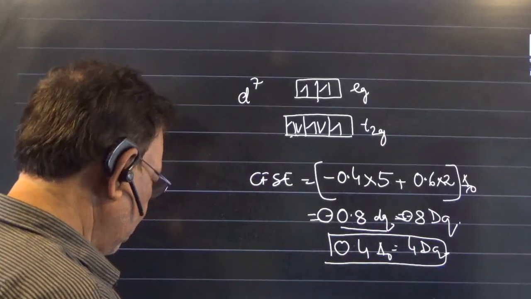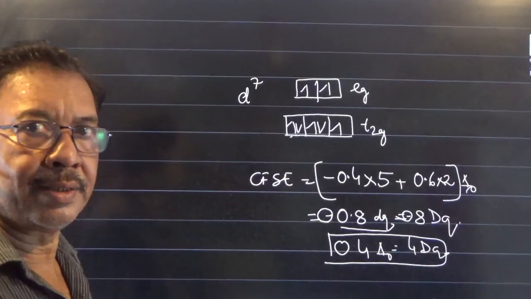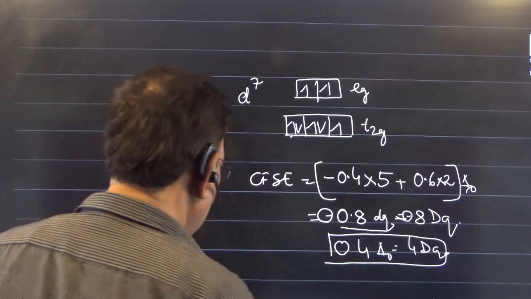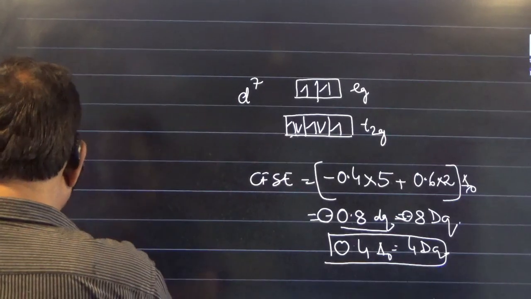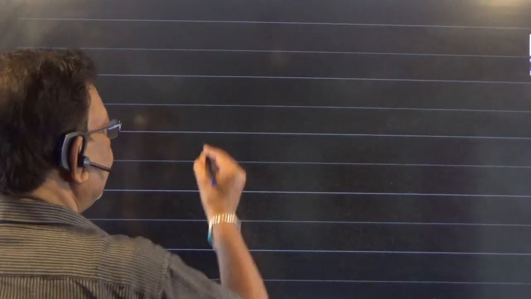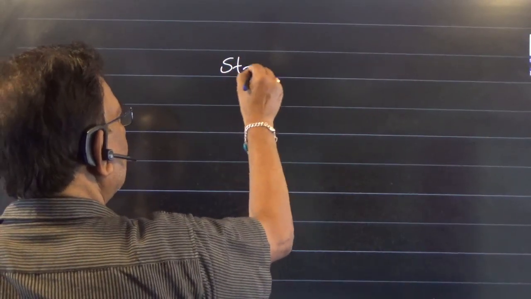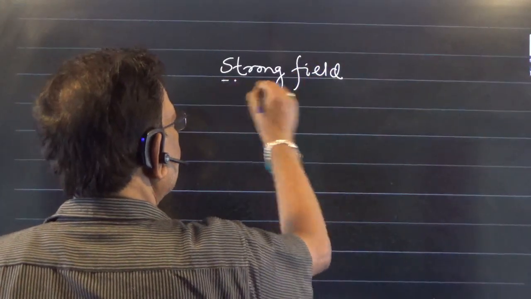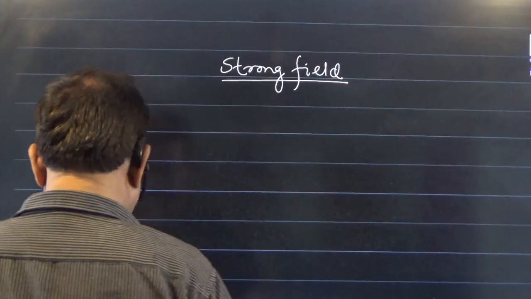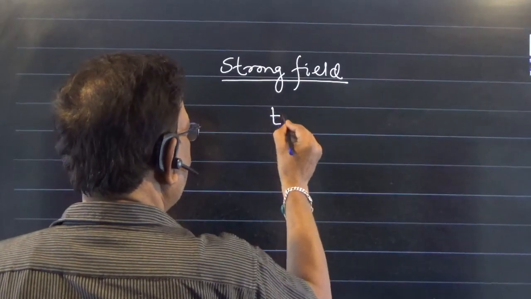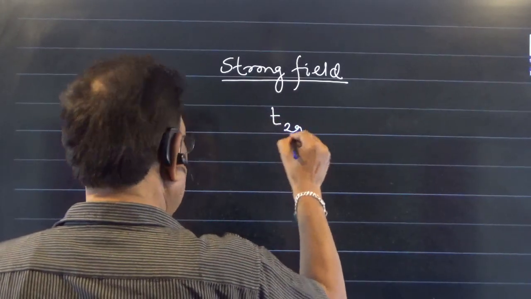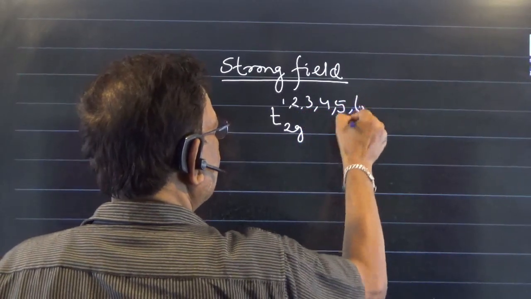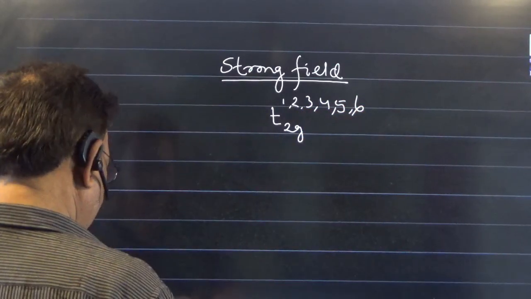Okay. So, should I come to strong field? Yes. Similarly, we'll go for strong field. In the strong field, I have already given this configuration, remember it: T2G 1 2 3 4 5 6.